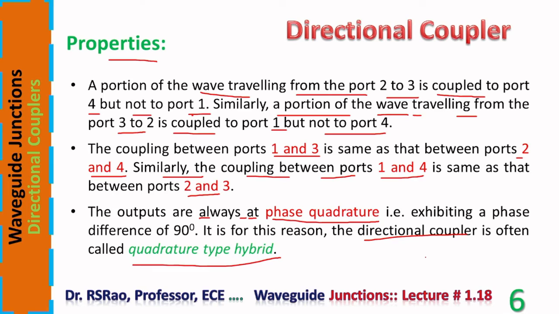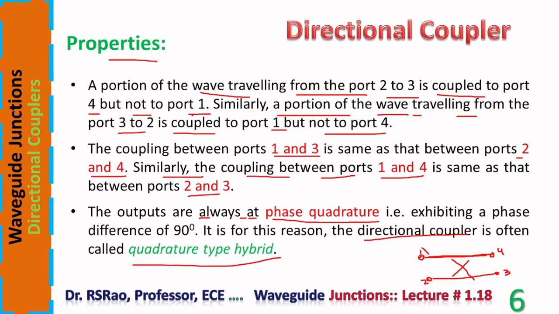What he says is, this is a directional coupler. Here input is given. Most of the input appears at port 4, the output port. A small portion of this wave from 1 to 4 appears at the coupled port 3. Under ideal conditions, no output at port 2, the decoupled port.